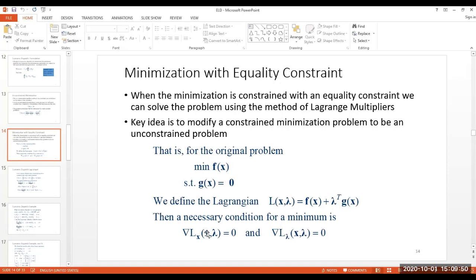Maxima and minima? Yes, exactly, in the Hessian matrix. In the Hessian calculation, if I want to find out explicitly whether it is a maxima or minima, then we have to go for the second order optimality condition. But here we are only taking the first partial derivative of the gradients. So this is the first order optimality condition.